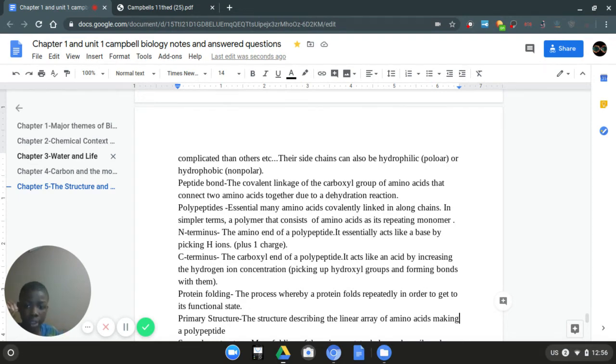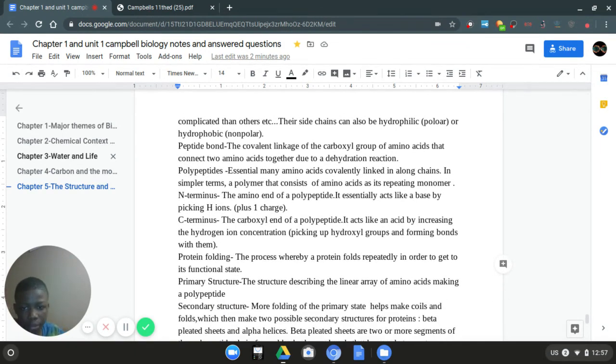Proteins aren't hereditary information. They are required for the transmission of hereditary information, but they are not hereditary information. Proteins fold on themselves repeatedly to get to their functional state, which differentiates them from nucleic acids, which are just linear chains of nucleotides that never fold on themselves, and they're hereditary information. So that's the difference between proteins and DNA, and why DNA is not a protein.